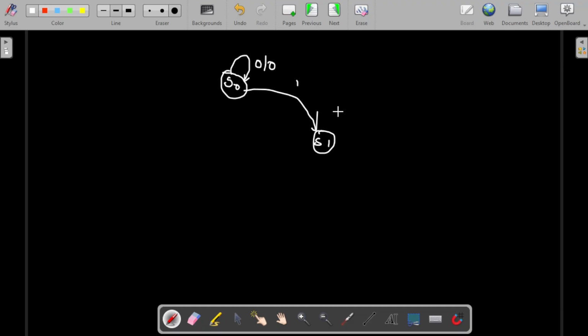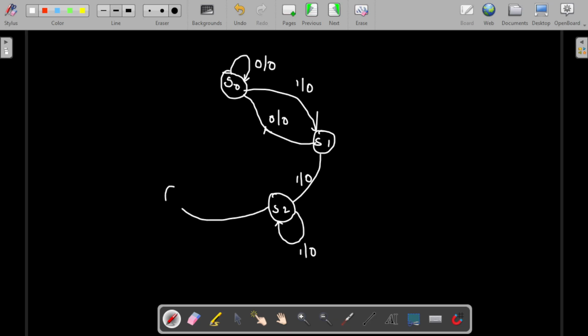When the input is 0 at S1, it goes back to S0 with output 0. When input is 1, it will go to the next state, S2, with output 0. When input is 1 at S2, it stays in the same state, output 0. If input is 0, it will go to the next state, S3.